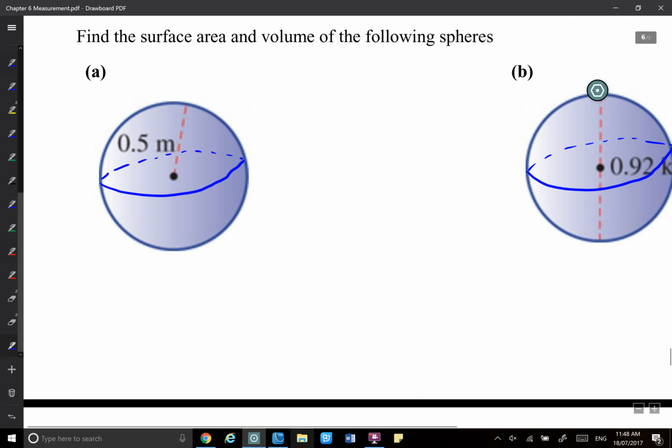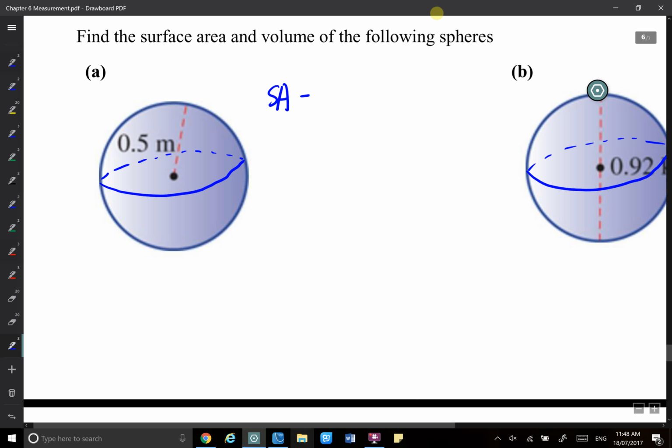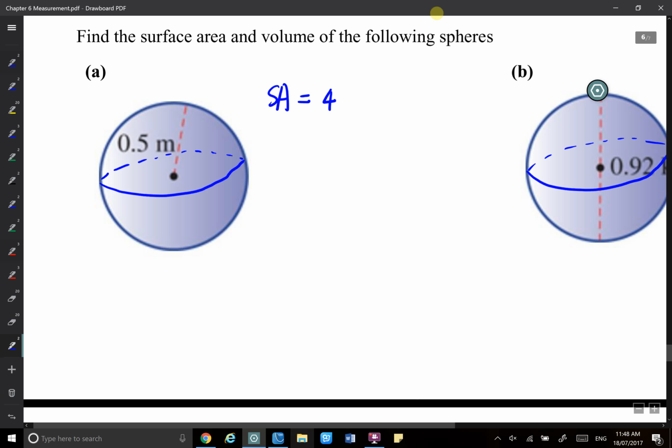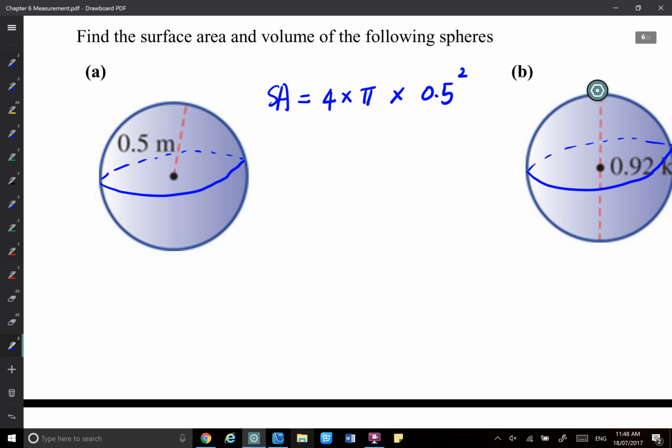So surface area equals 4 times pi times 0.5 squared. 4 pi r squared. As I said, this chapter is basically applying formulas.